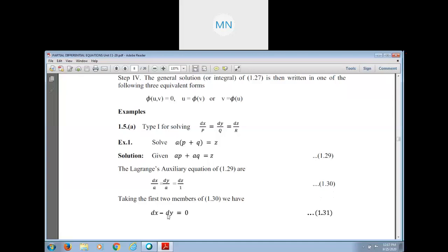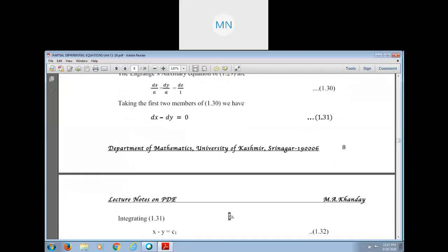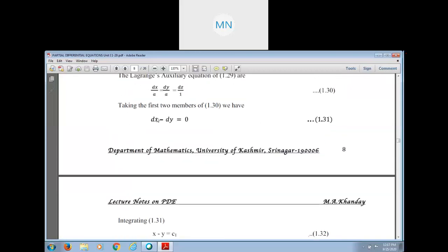Now you have to integrate this equation. If we integrate, integration of dx means integration of 1 dx, so what is it?